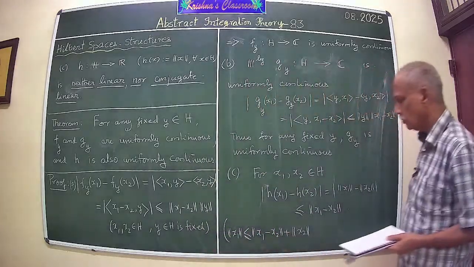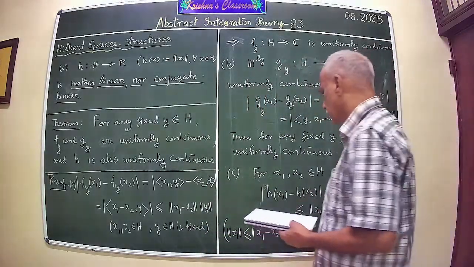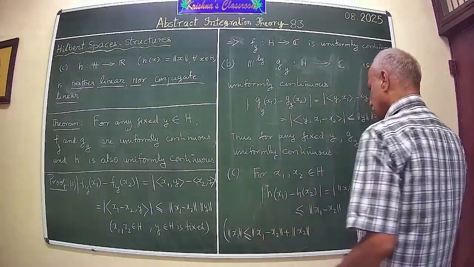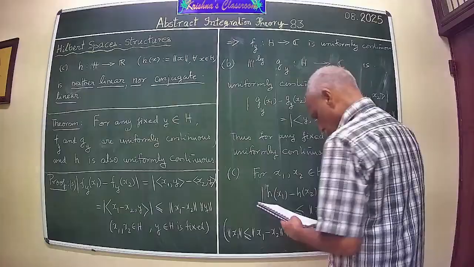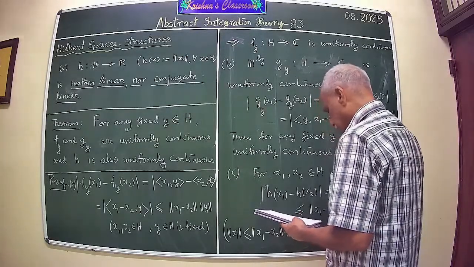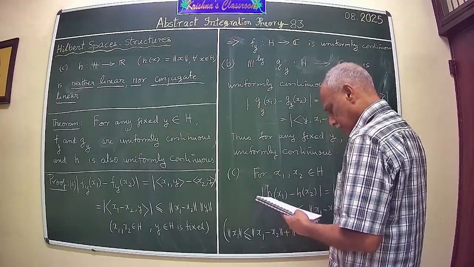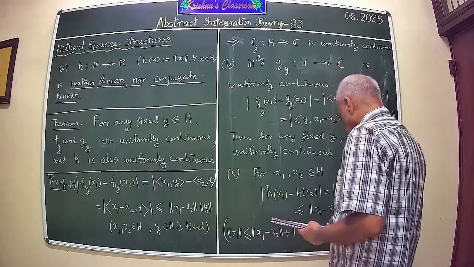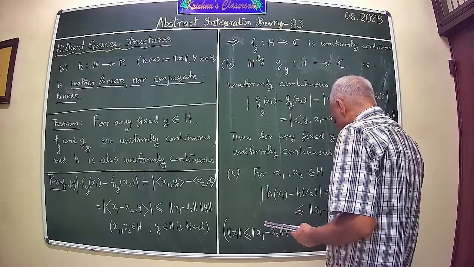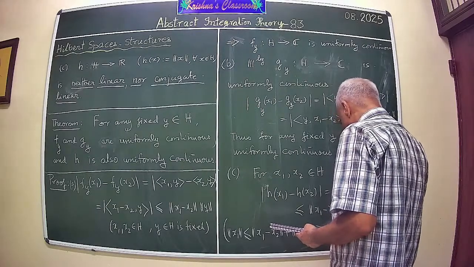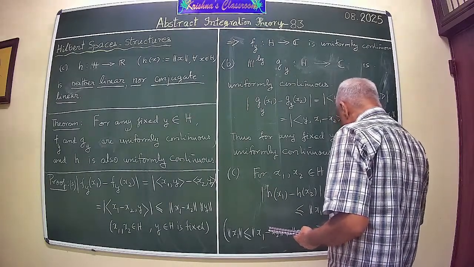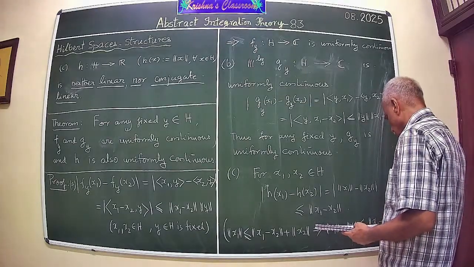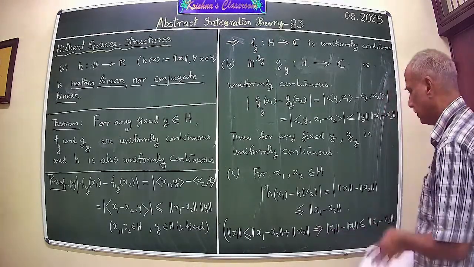Write x1 as x1 minus x2 plus x2, group them, and then use the triangle inequality. So norm of x1 minus norm of x2 is less than or equal to norm of x1 minus x2. In fact, you have both.